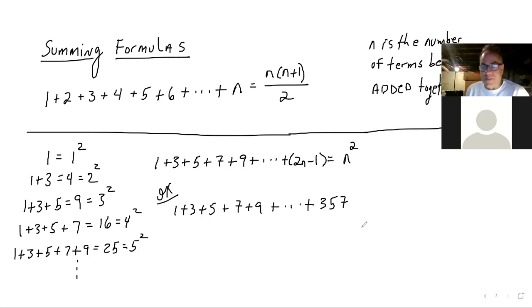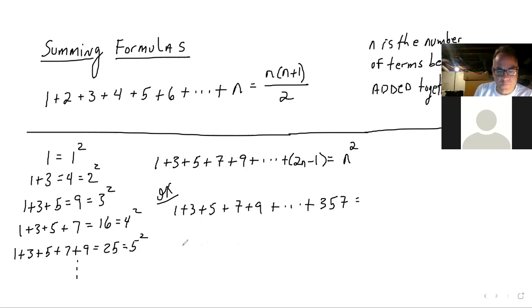I want to find this sum using this formula. So think about it. What I need to figure out is how many odd numbers I've added up, starting at 1. It's not 357 of them, roughly half of that. But if you take an odd number and divide by 2, it does not divide evenly.